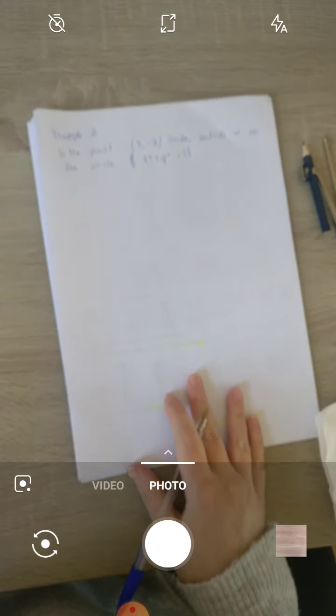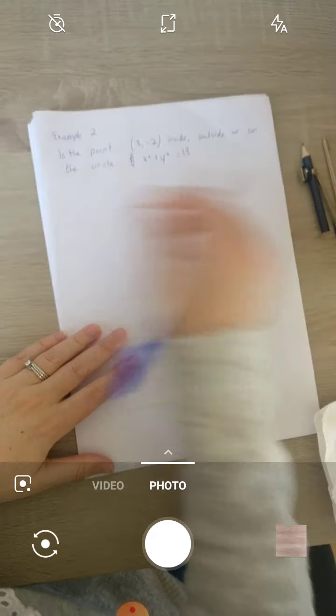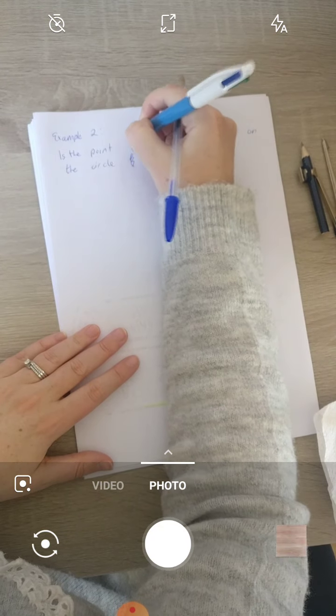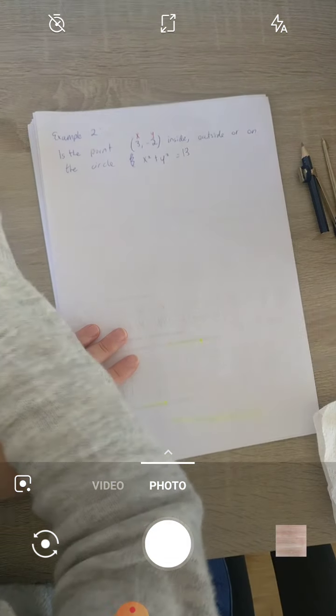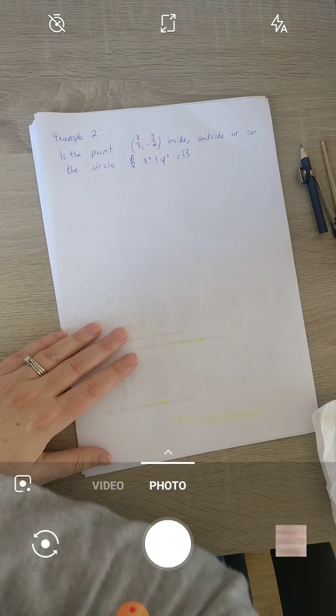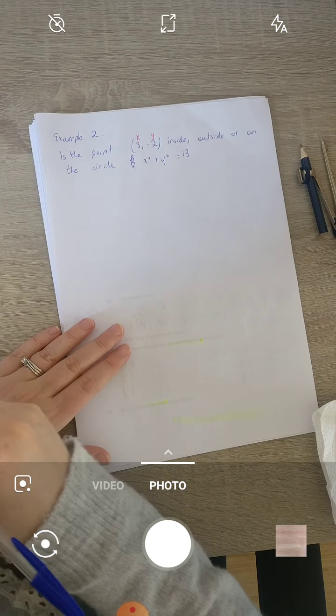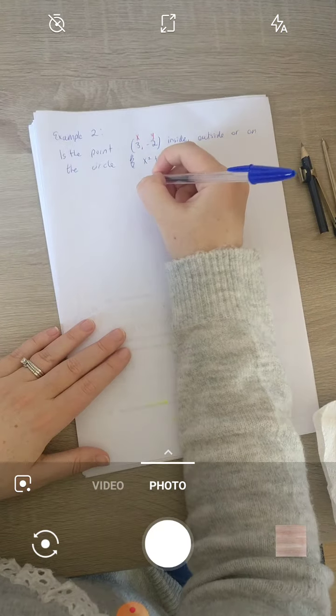Let's look at another example. Is the point (3, -2), so I'm going to label that x and y, inside, outside, or on the circle x squared plus y squared equals 13?